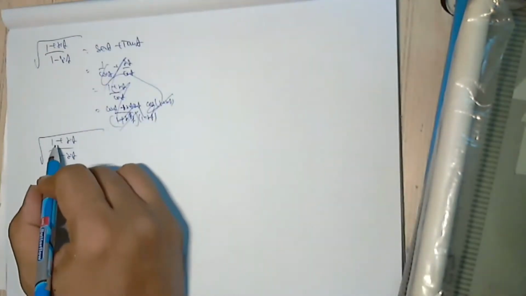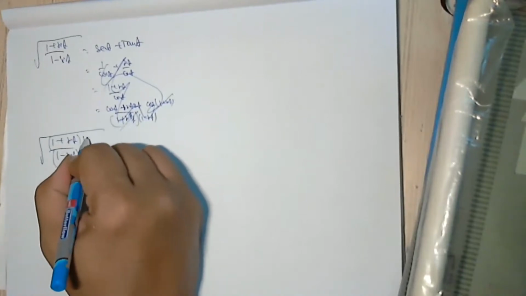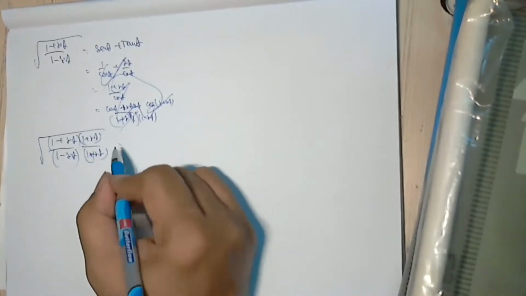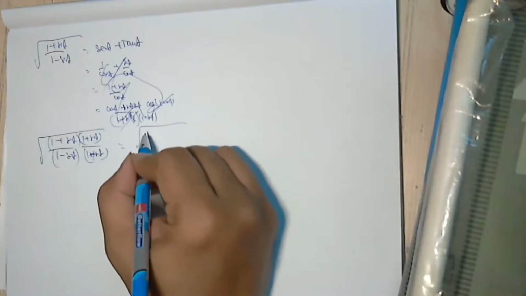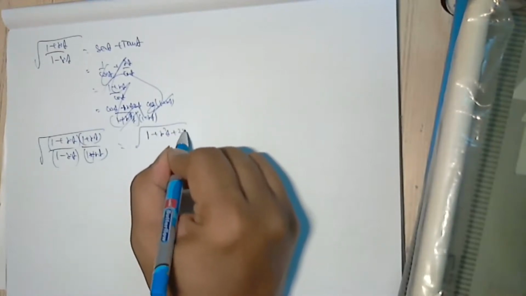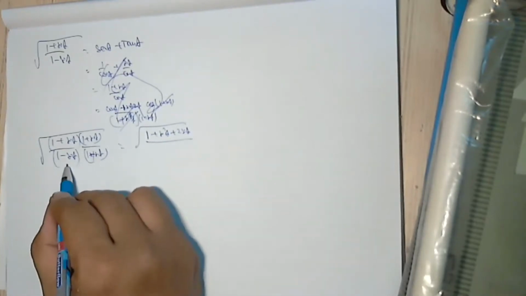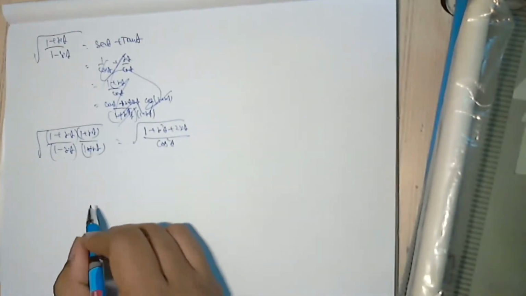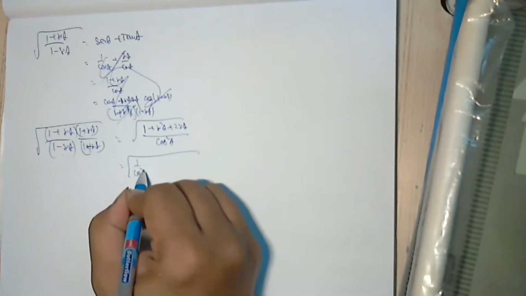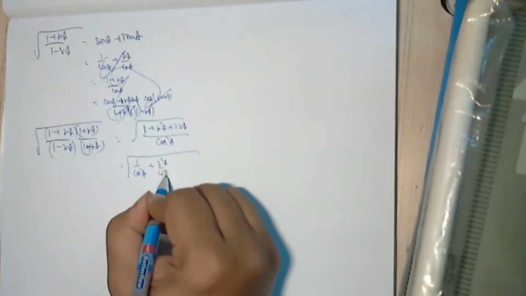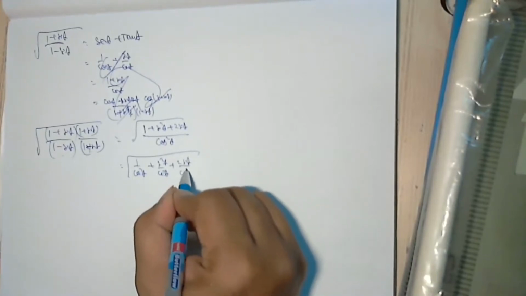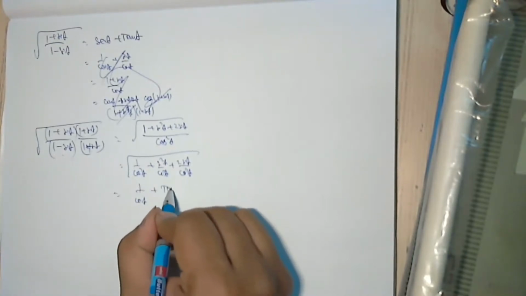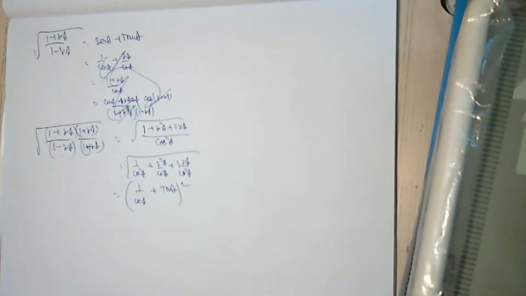I'm repeating the same. I'm multiplying both sides by 1 plus sin A. The top becomes 1 plus sin A whole square, 1 plus sin square A plus 2 sin A. The bottom is 1 plus sin A into 1 minus sin A, 1 minus sin square A, that is cos square A. So this can be written as 1 by cos square A plus sin square A by cos square A plus 2 sin A by cos square A. So this is nothing but 1 by cos A plus tan A whole square under root.